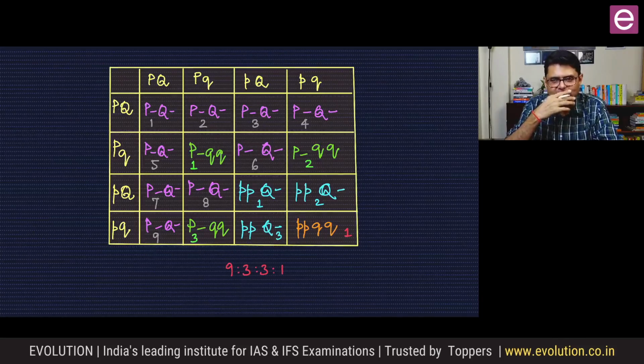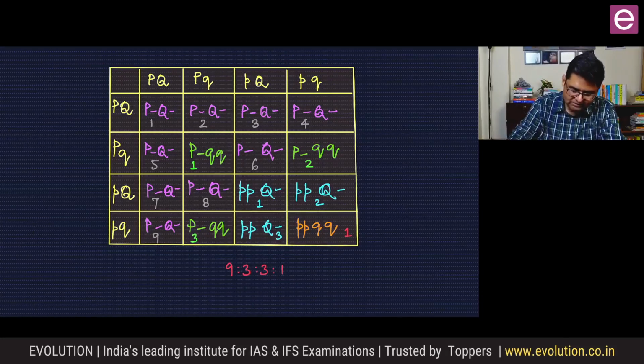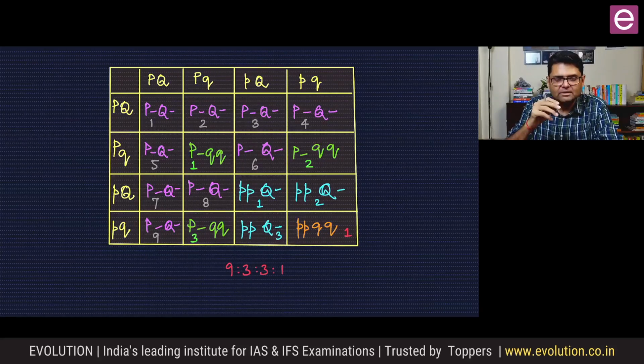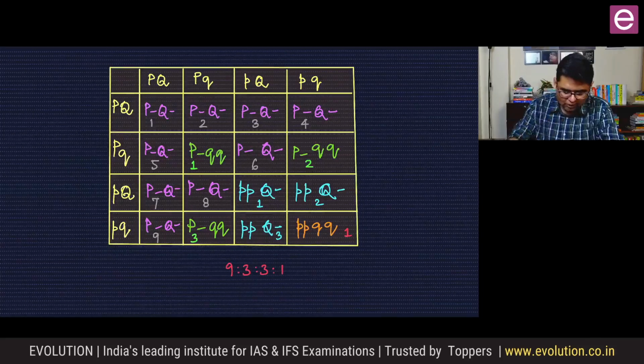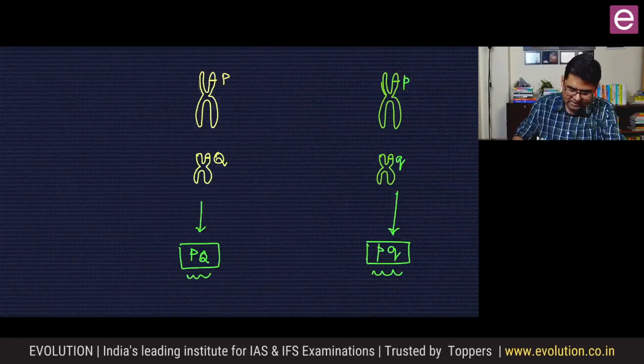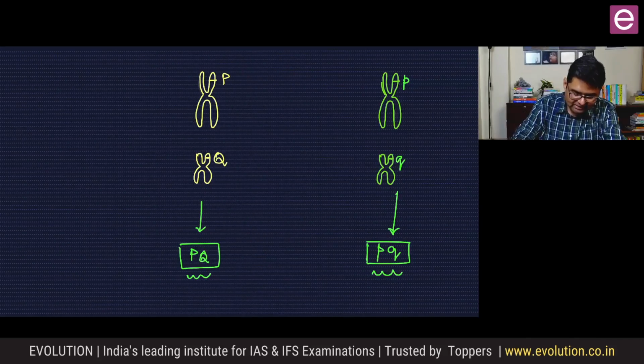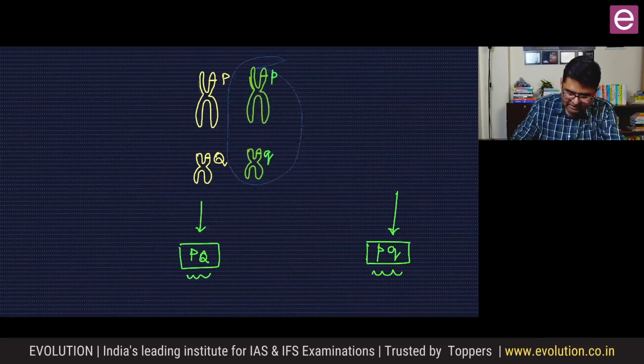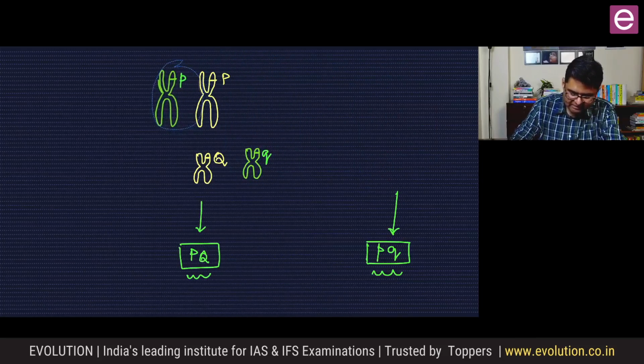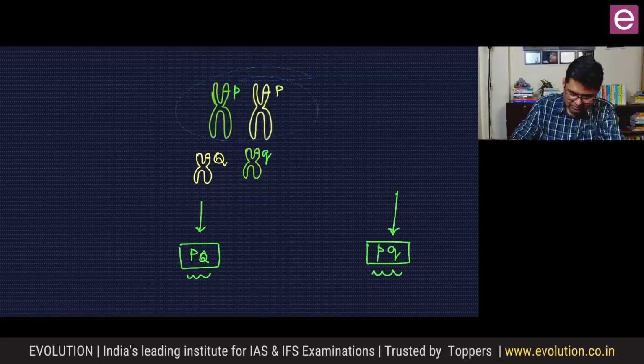But the question is, how did you get it? That's the big question. And the answer is simple. You got it because these four types of gametes could be formed. So why did we get all these four types of gametes? Because they were located on separate chromosomes. As a result, gametes could have a line like this also, and gametes could have a line like this also.